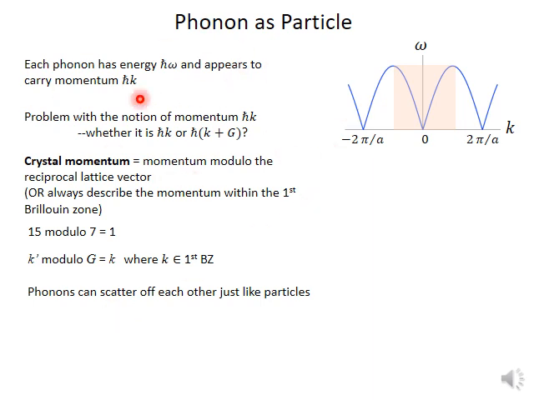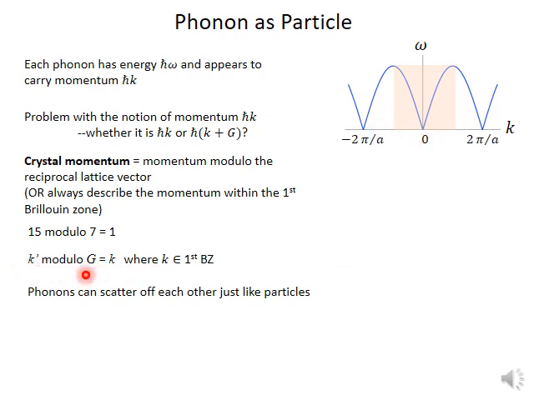So for the phonon, you can think about momentum in terms of crystal momentum and not only momentum, because this 2 pi by a of the first Brillouin zone arises because of the periodicity of the lattice, and that's not a property of a phonon but rather a property of a crystal.